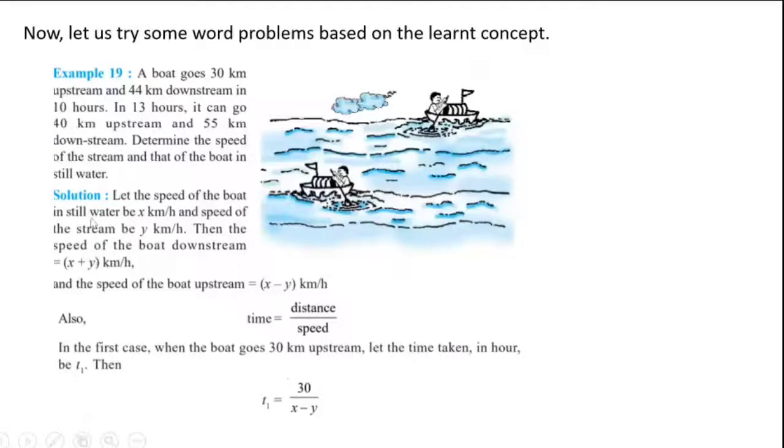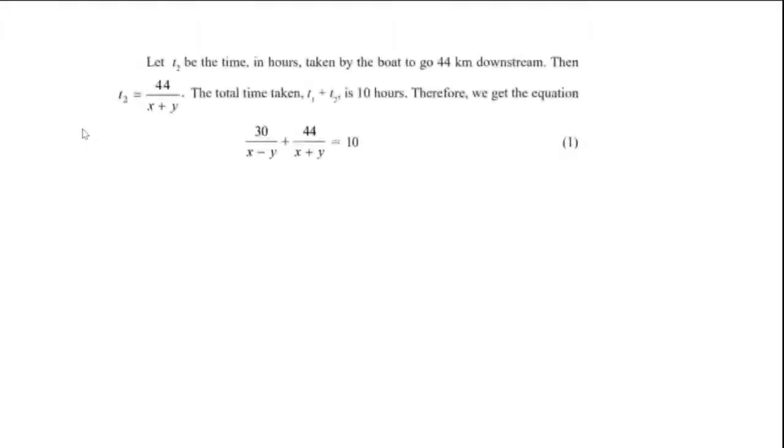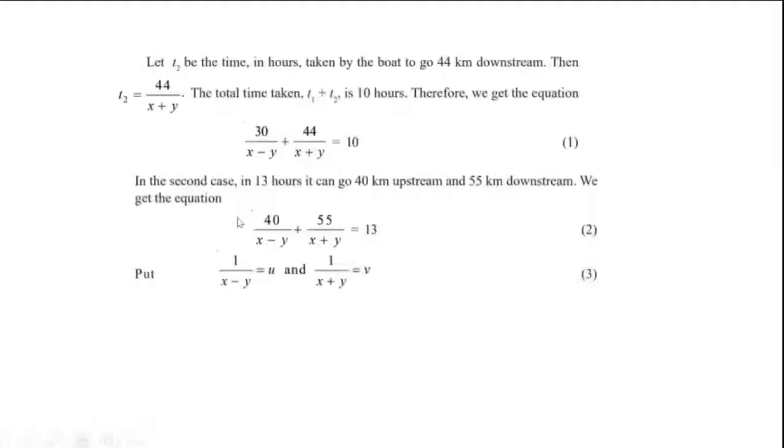Total time taken will be equal to 40 upon x minus y plus 55 upon x plus y, that is equal to 13. So I get the second equation as 40 upon x minus y plus 55 upon x plus y is equal to 13.